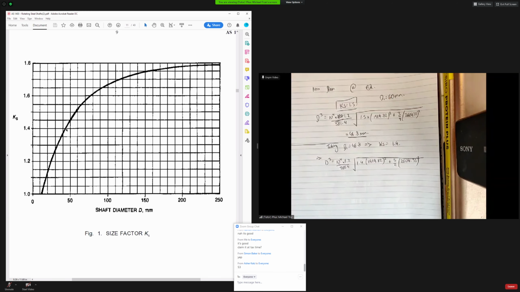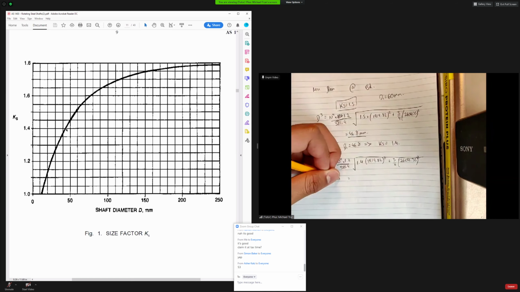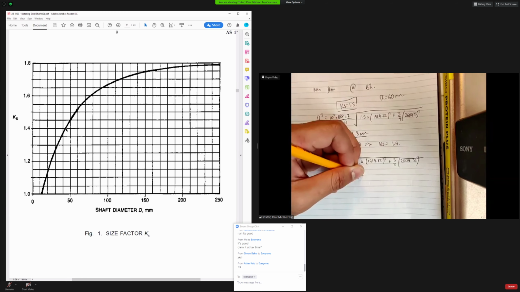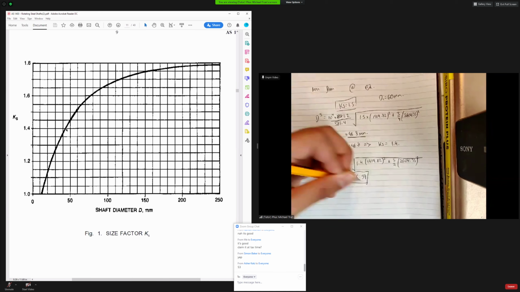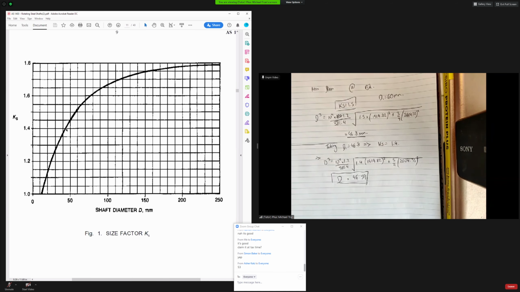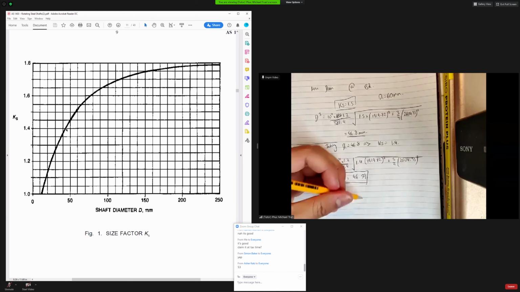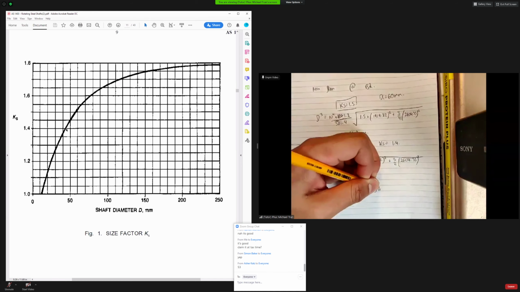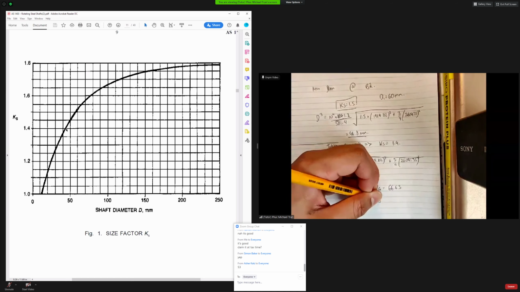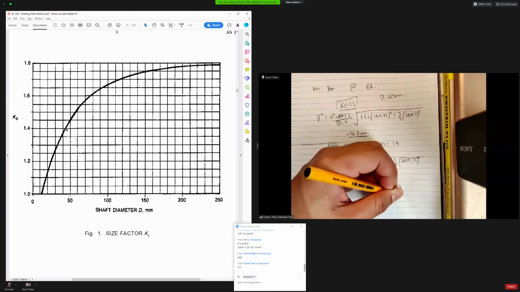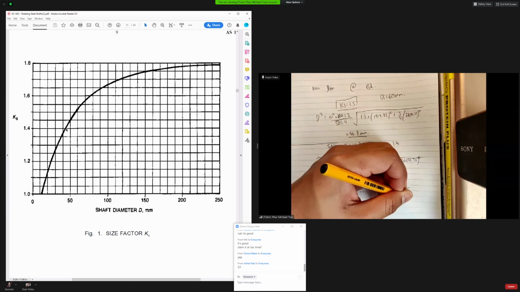Yep. And you should have, from my notes, at least, D equals 46.59. And I'd say that's acceptable. That's less than 1% away from 46.8, which is what we started off with. So therefore, DB2 equals 46.59. Cool.